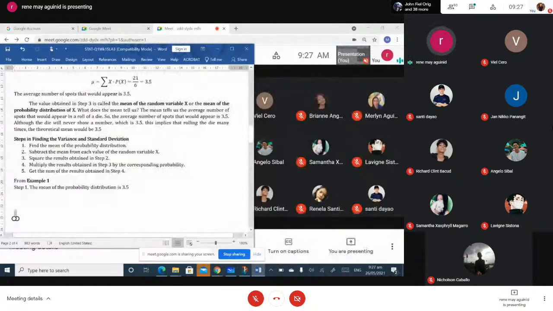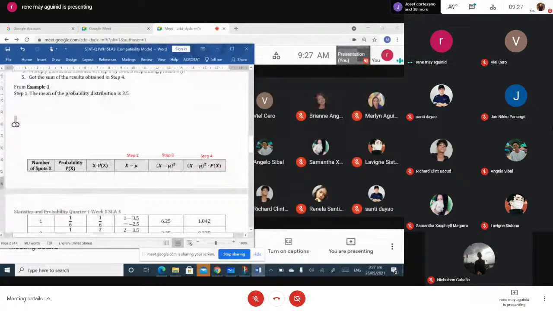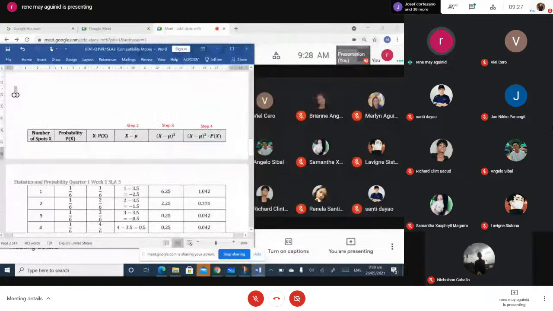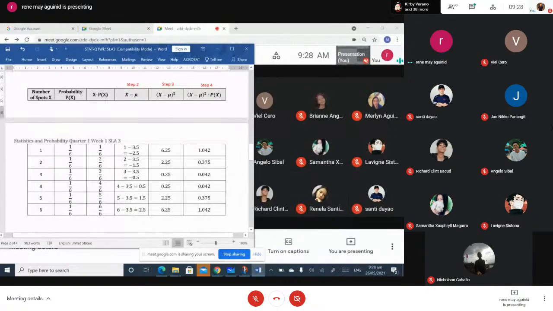Now, we have to find the variance and standard deviation. Our mean is actually 3.5. So, humana na ta sa column, proceed ka sa capital letter x minus the mu.